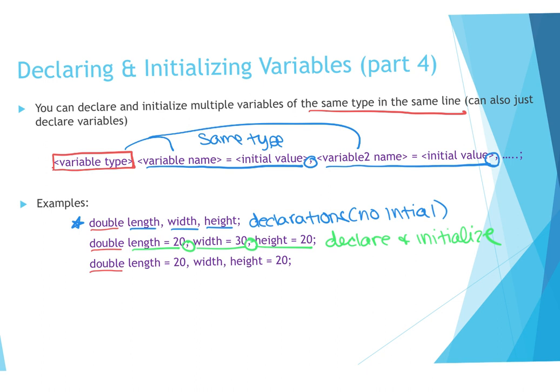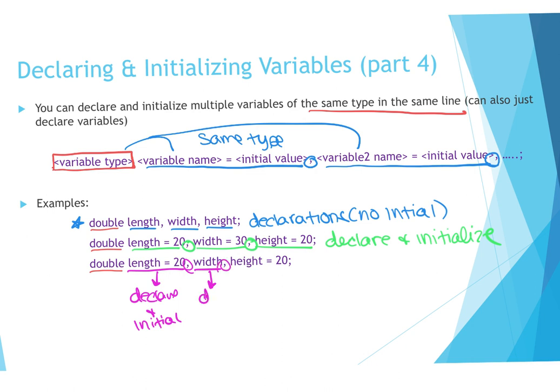Then this last statement here, which is kind of the cool one, is we can have a combination of declarations and declarations with initializations if we want. So here, length equals 20. This one is being declared as a double and initialized. This one right here, width, I didn't put an equals.